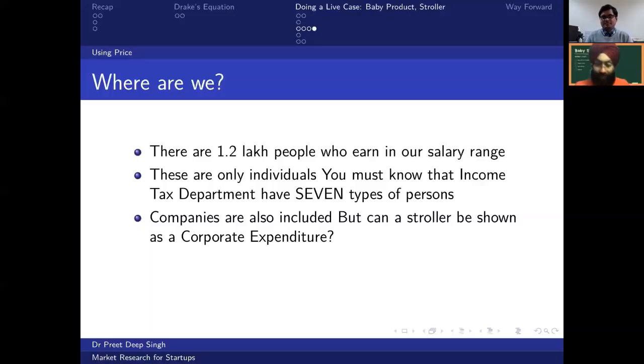I'll give you a small example here. We don't have a lot of time to delve into details. Let's say you're making a B2B product where a company can filter out good and bad callers from their call center, right? A good caller is somebody who will buy something. A bad caller is somebody who's just complaining, right? Now a company might be making a revenue of 1 lakh rupees a month and your product might cost them 2 lakh rupees, right?